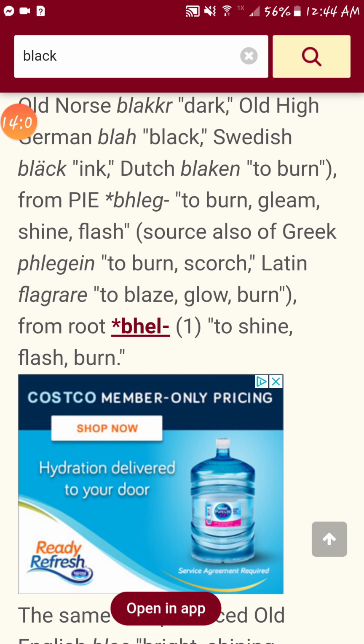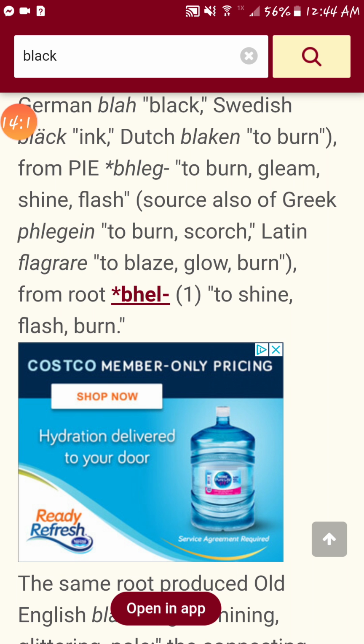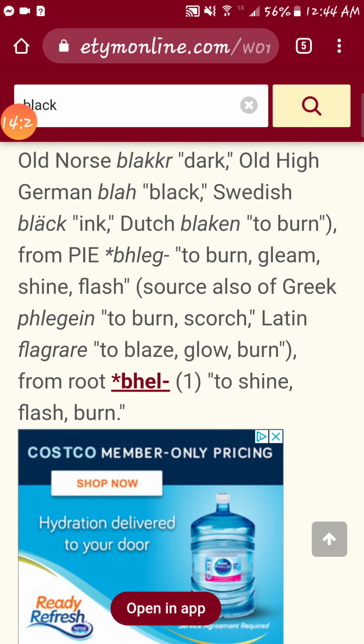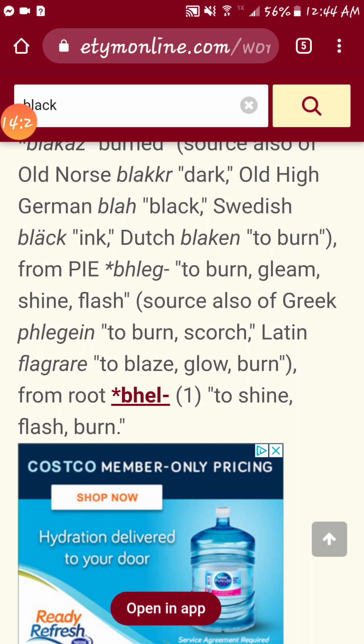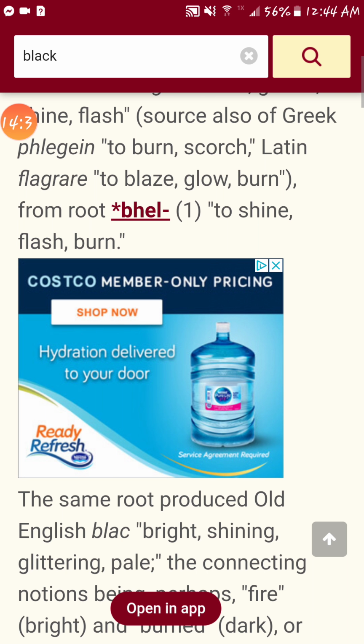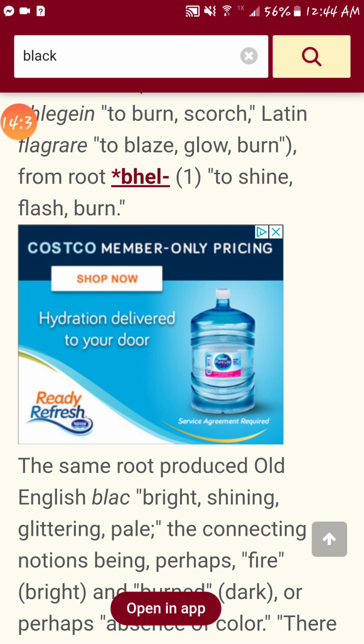From Proto-Indo-European bhleg, to burn, gleam, shine, flash. Source is also from Greek phlegein, to burn, scorch. Late Latin flagrare, to blaze, glow, burn. Notice these words they use: gleam, shine, flash. Just really notice that. It comes from the root bhel, to shine, flash, burn.